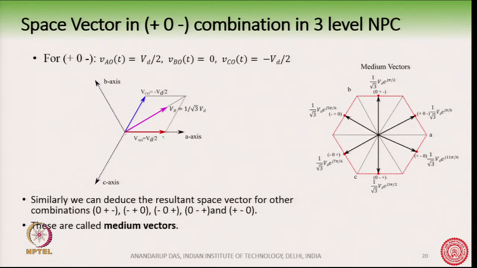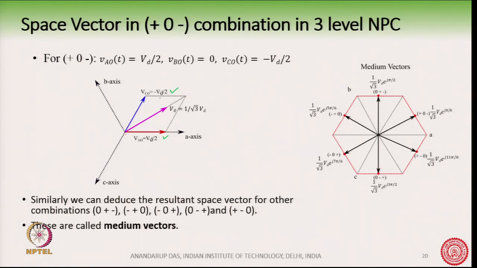And then on the B axis it should be 0, there is nothing on the B axis, and on the C axis you have minus Vd by 2, whose position will be here. So, this is plus 0 minus.